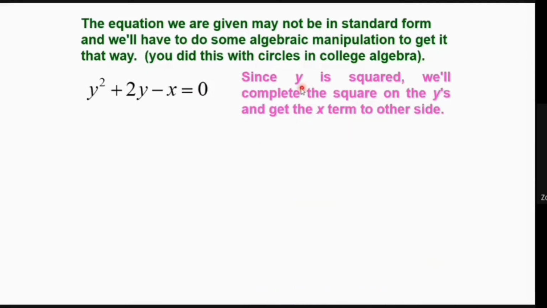Since y is squared, we will complete the square on the y's and get the x term to the other side. Meaning, yung y term here is squared. Ibig sabihin, magko-complete tayo ng square kay y.